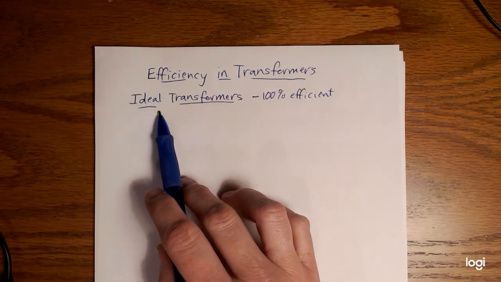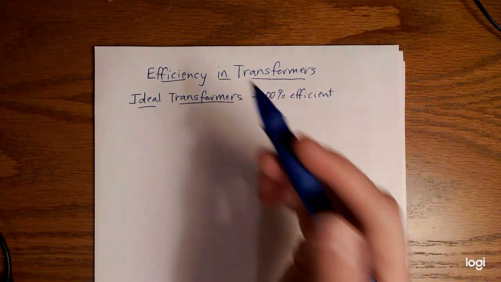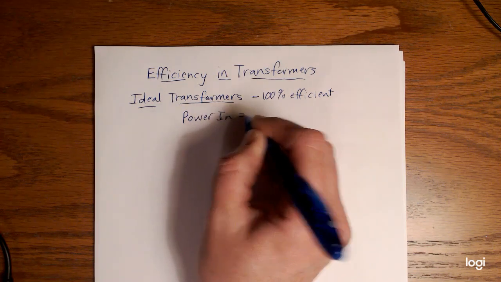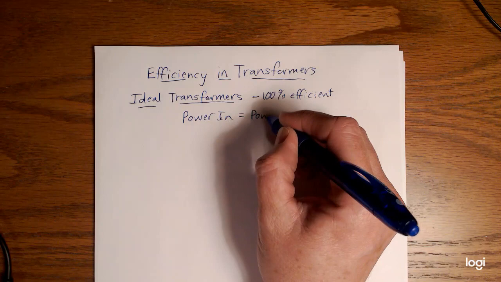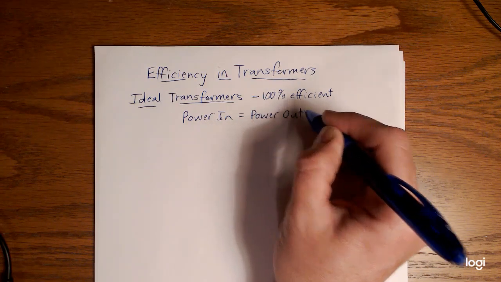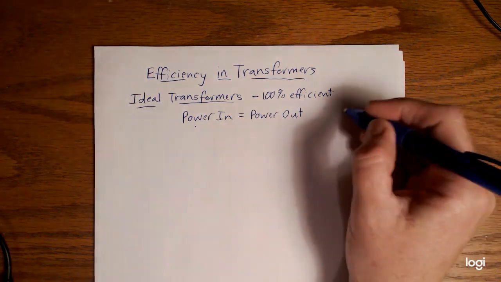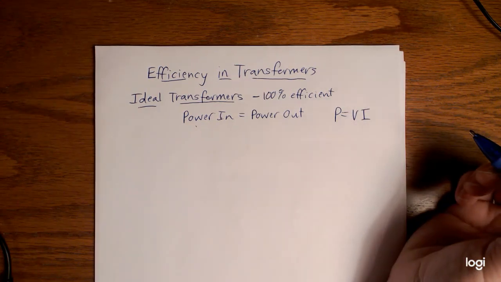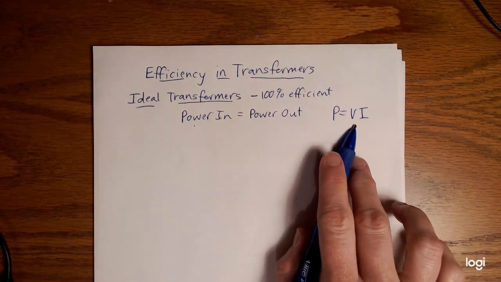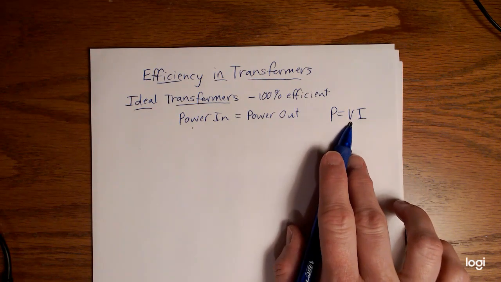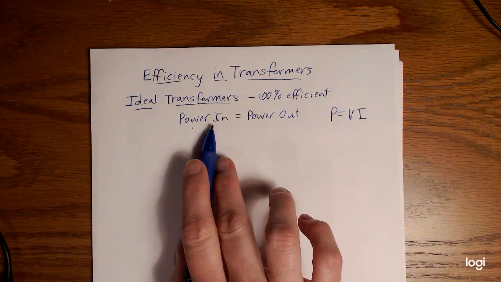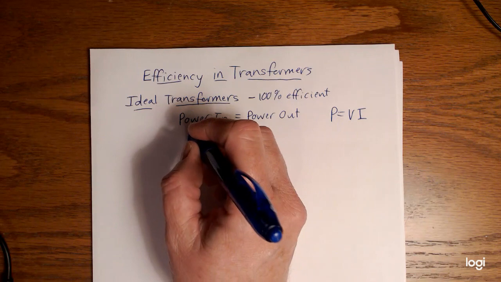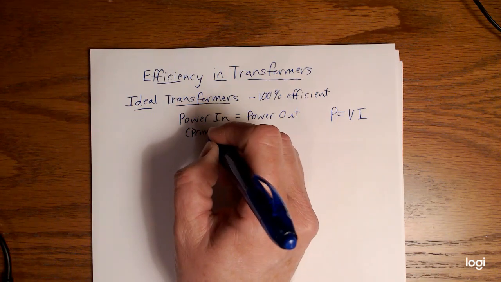So for an ideal transformer that's 100% efficient, that means that the power in is equal to the power out. If you remember our power equation from the previous unit, P is equal to V times I. The power for the input was called the primary, and the power for the output would be the secondary.